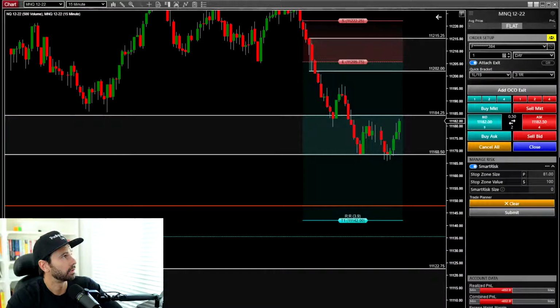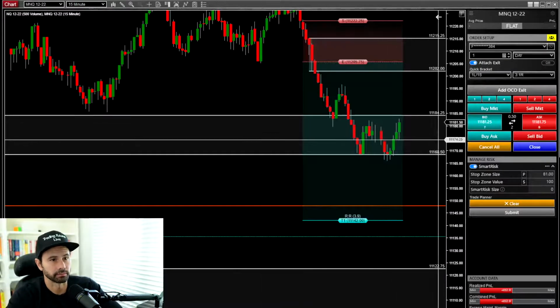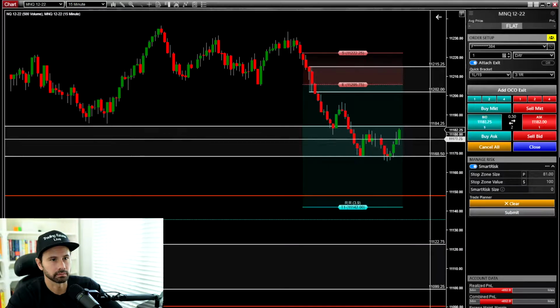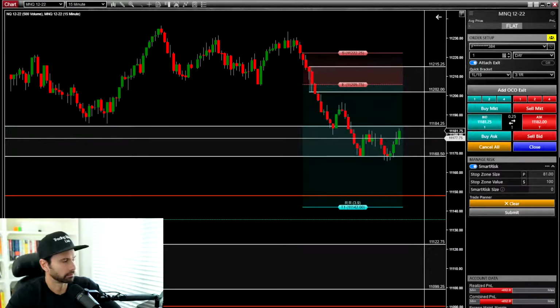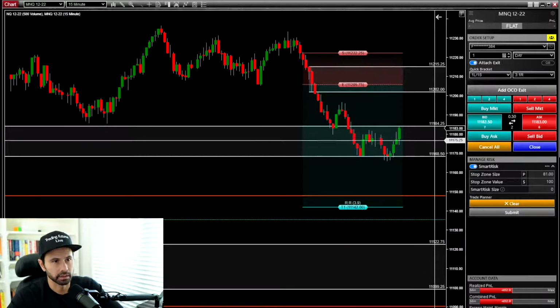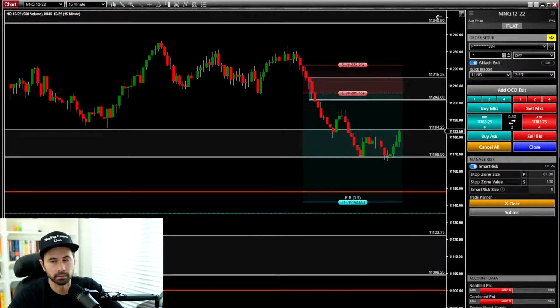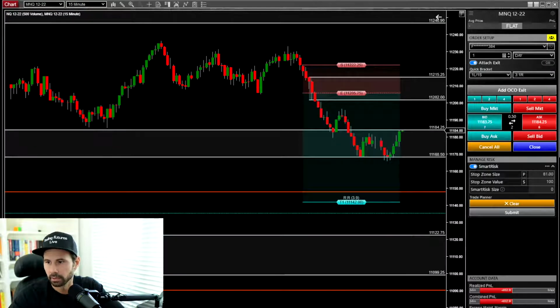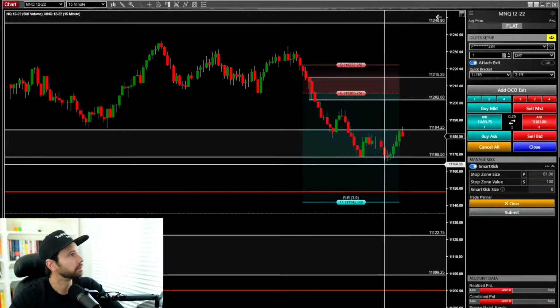For those who are short, I would be a bit careful right here. Yeah, now it did a double bottom and is trying to bounce from there.